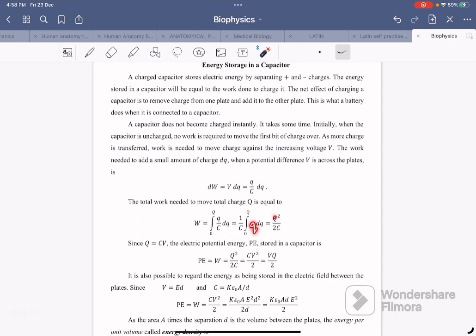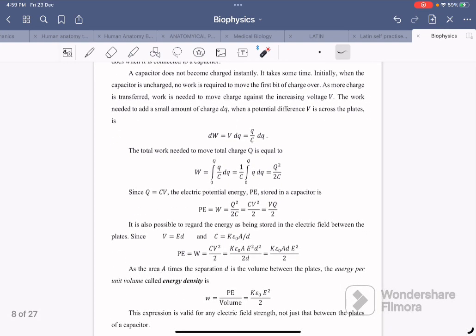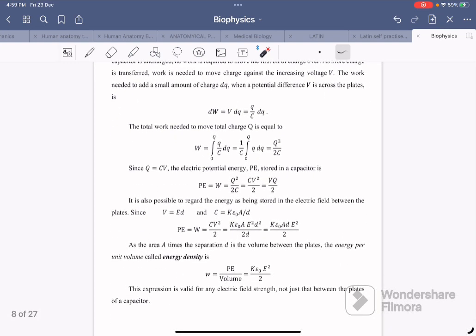So this q is simply that q, and it comes with power 2 divided by 2. Okay, so after that, q, which is charge, is equal to capacitance times potential.